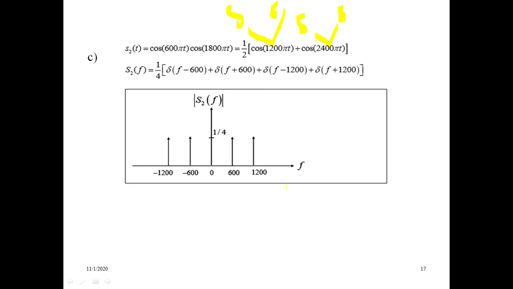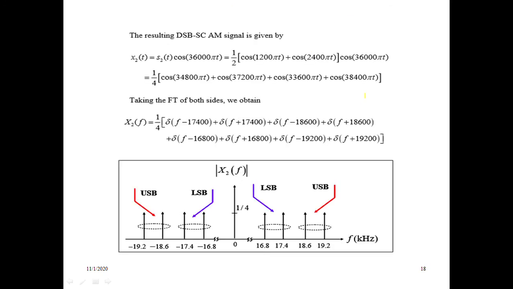So this is the message signal. We can expect the modulated signal to be double the bandwidth of the message signal, because for DSB-SC, the bandwidth is double the bandwidth of the message signal.